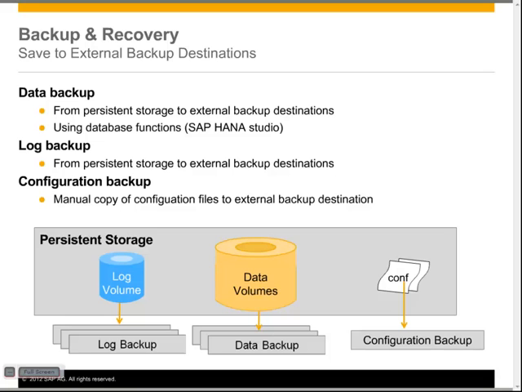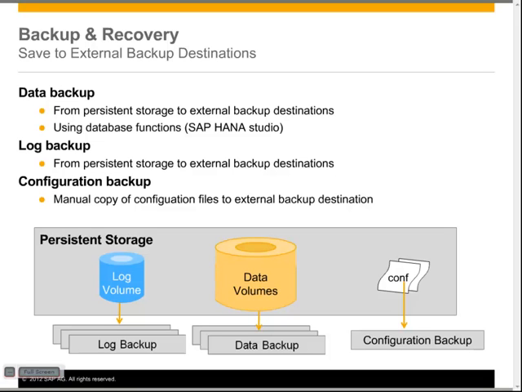So in order to create a backup, what is the procedure? The user starts the backup via the HANA Studio, which we've seen earlier. The database triggers a global database snapshot, and then commits for all transactions are put on hold.